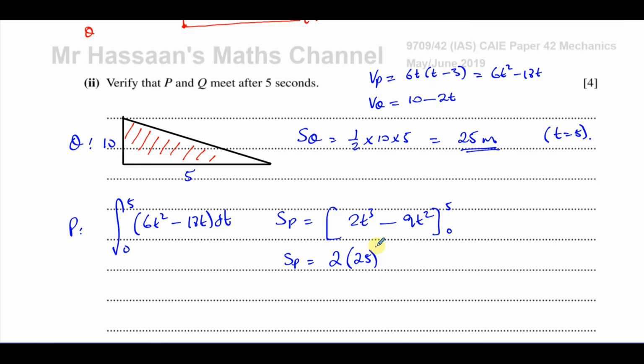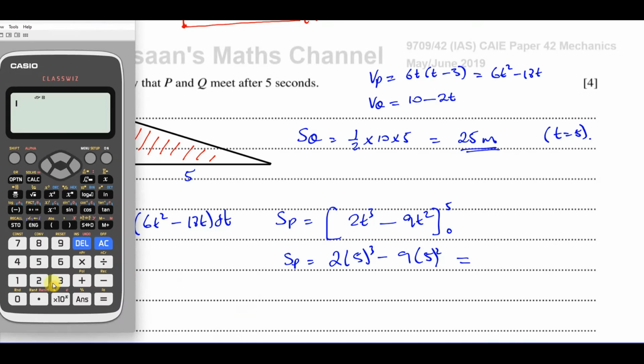So 2 times 5 cubed, minus 9 times 5 squared. And that should give us 25, hopefully.